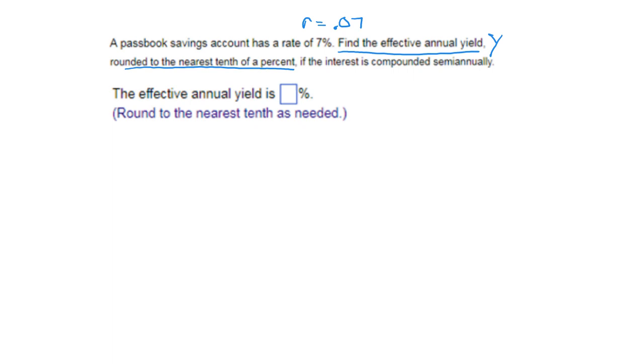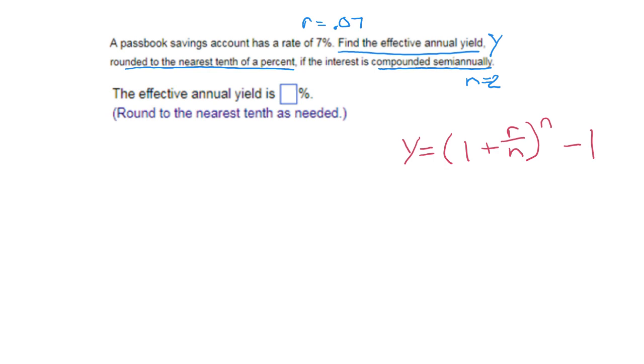And it says if the interest is compounded semi-annually, so n is equal to 2. So if you recall, the formula for the effective annual yield is Y equal to parentheses 1 plus R divided by the number of compoundings, raised to the n power, subtract 1.